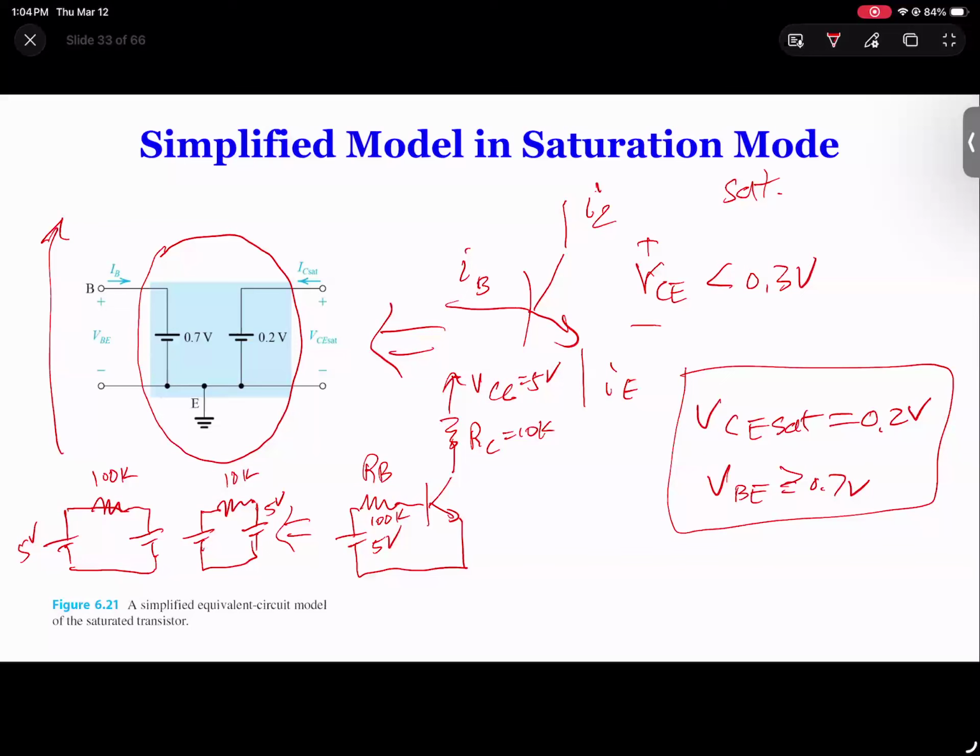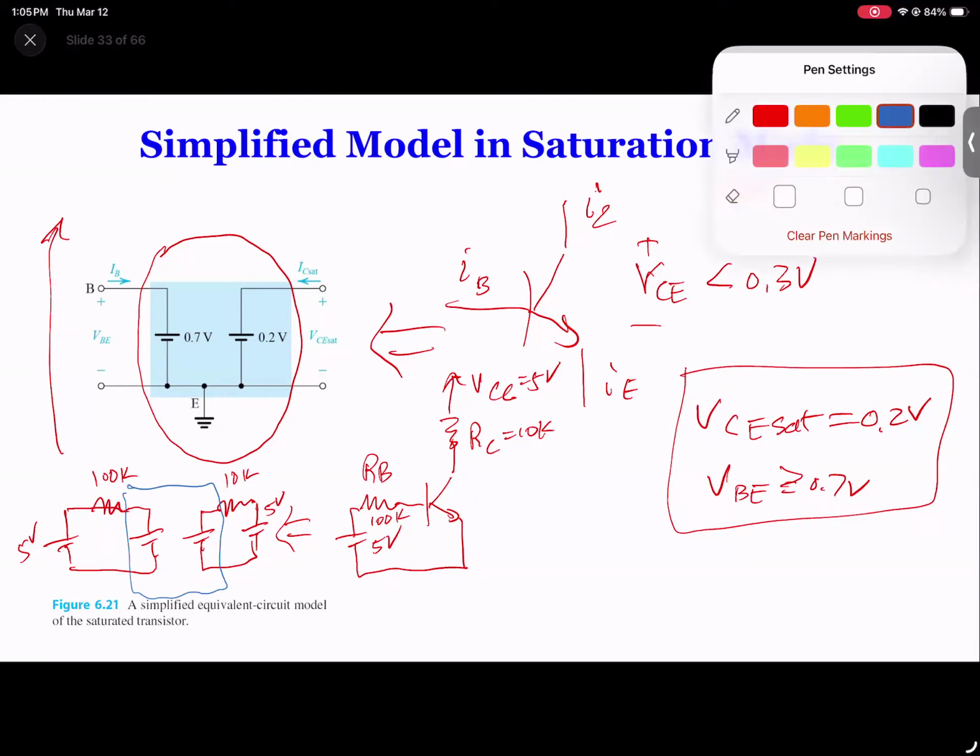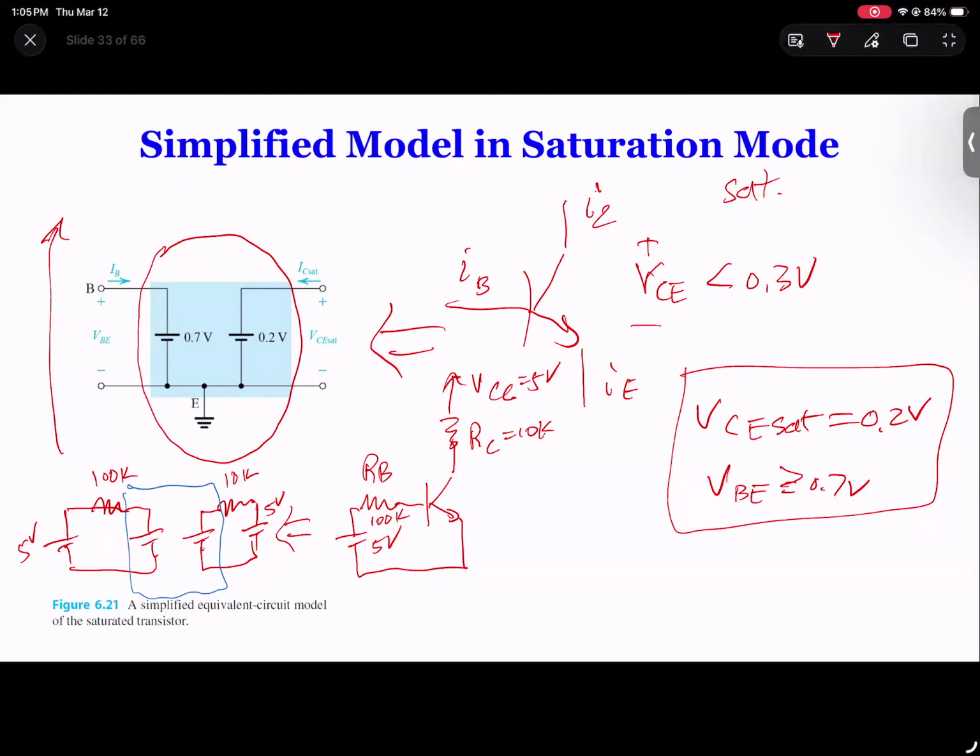So since I replaced this circuit, inside the blue is my equivalent circuit, and on the left hand I have IB equal to 5 volts minus 0.2 divided by 100K.